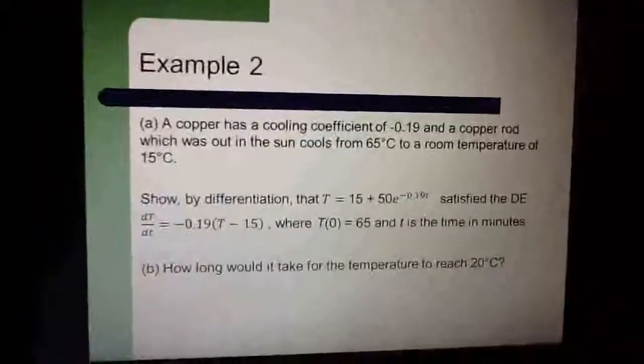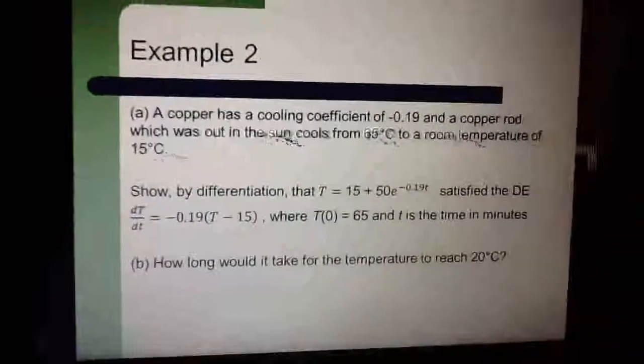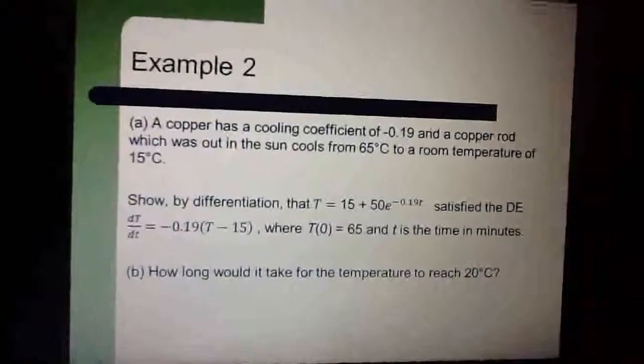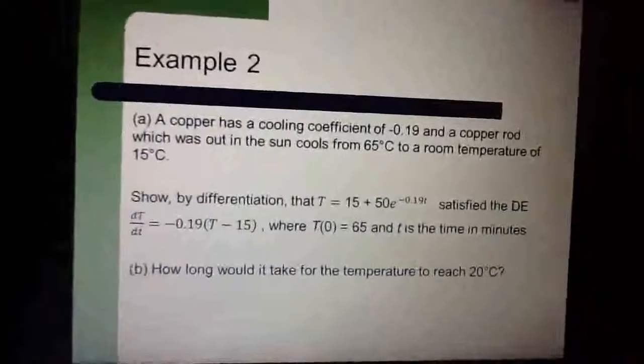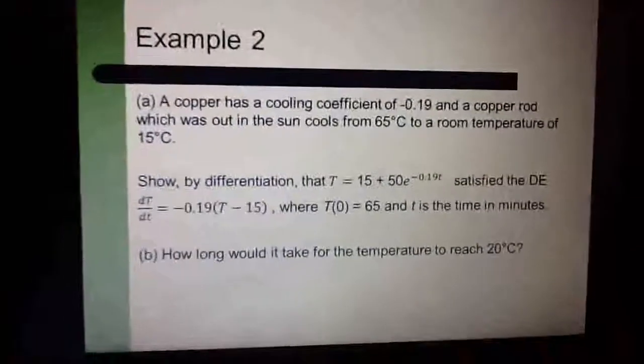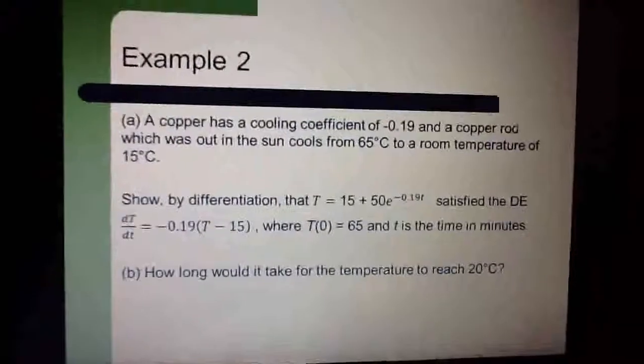Here is the question. Part A. A copper rod has a cooling coefficient of negative 0.19, and was out in the sun, then cools from 65 degrees Celsius to a room temperature of 15 degrees Celsius.